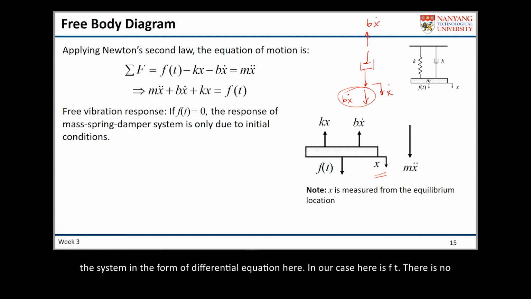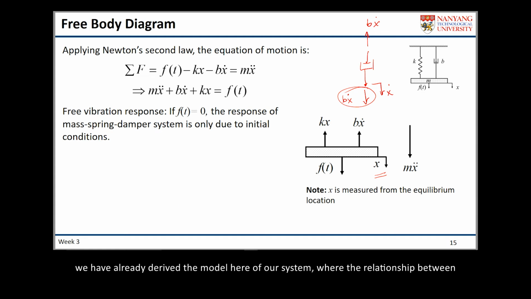Of course, in our case here, there is no force acting on the system. What you will have is the displacement because of the initial condition. But this is something else. I will not discuss this in more detail. I just want to illustrate to you how to derive the mathematical model of a mechanical system.